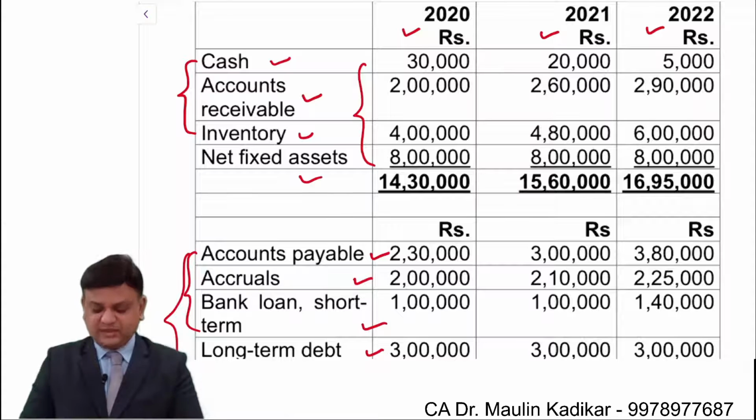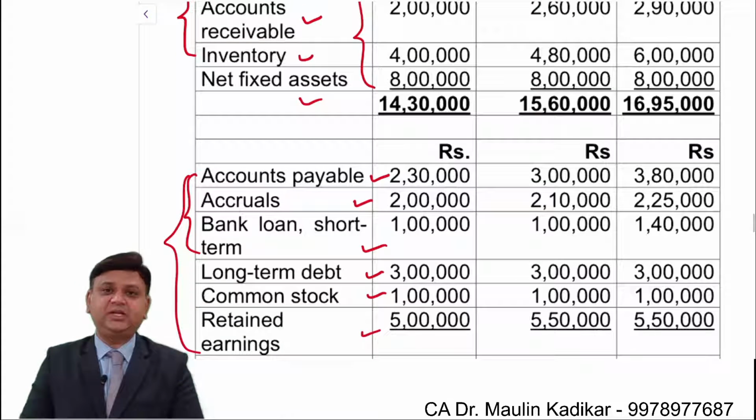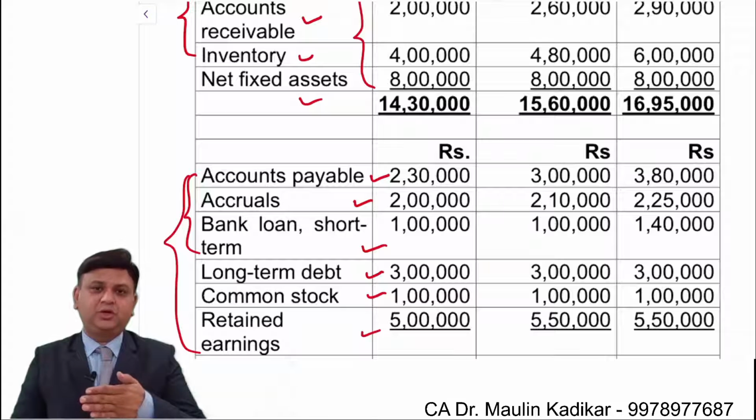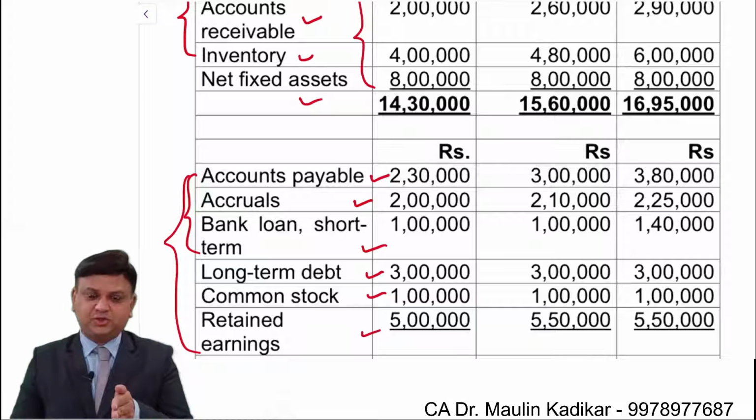You have been provided with the balance sheet information, so you can calculate all capital structure ratios: debt equity ratio, total liabilities to net worth ratio, capital gearing ratio, proprietary ratio.